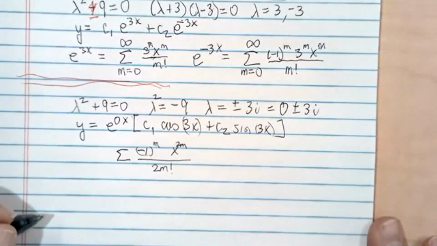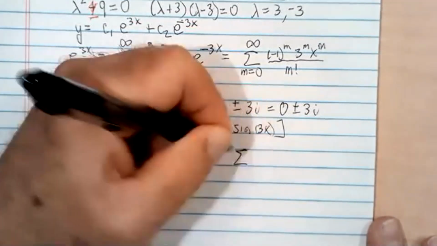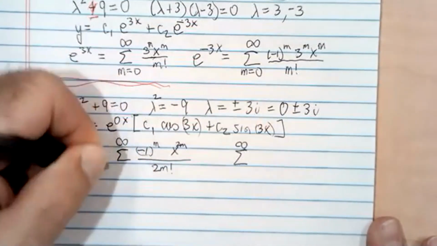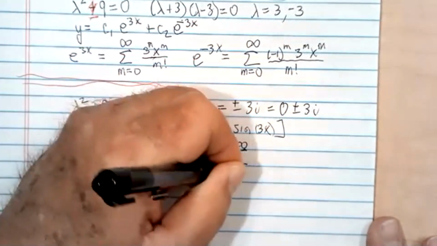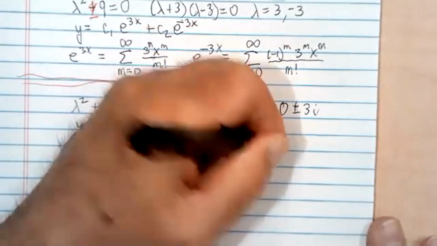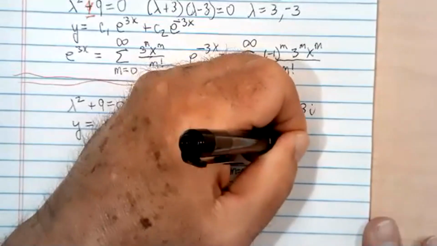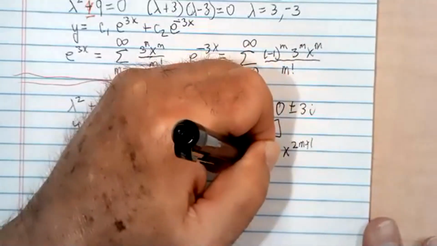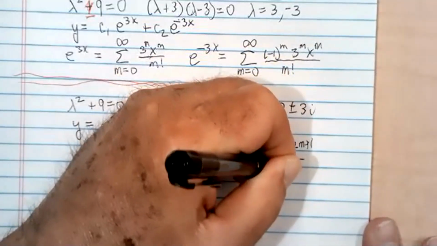That would be the cosine series. And the sine series would be (-1)^m x^(2m+1) over (2m+1) factorial.